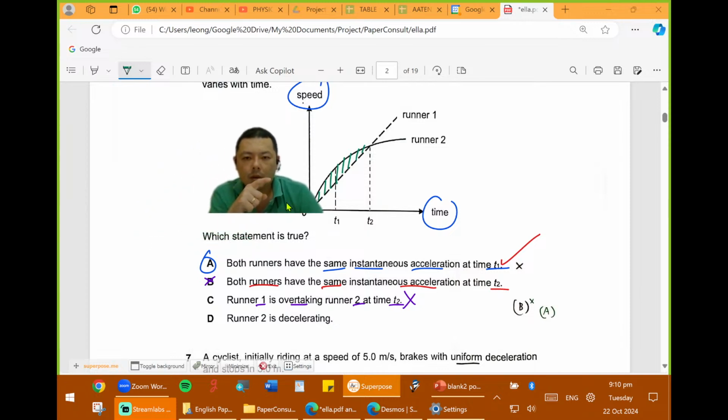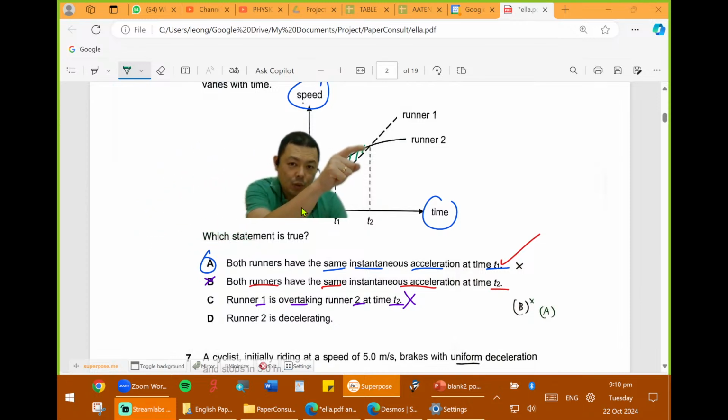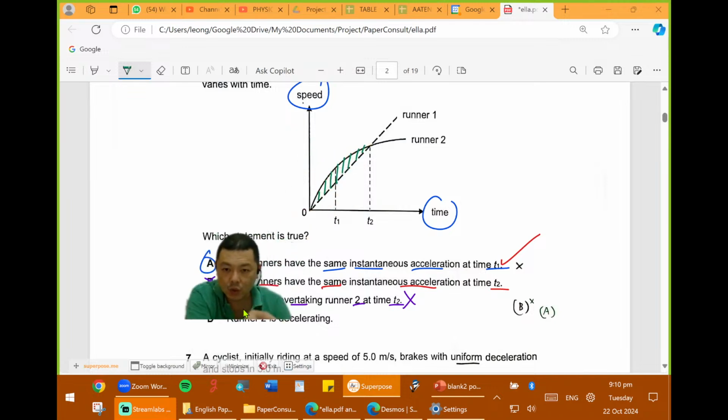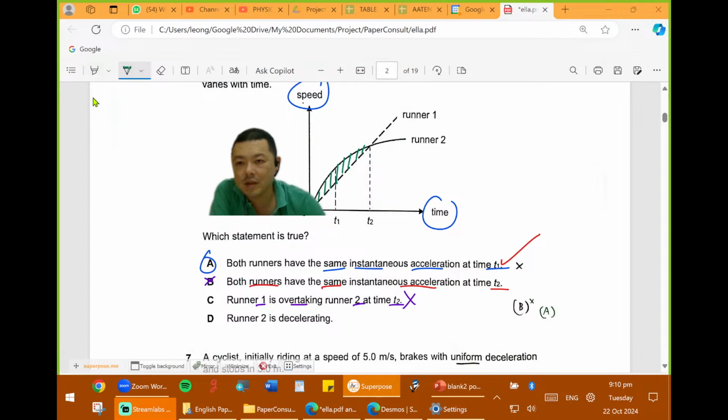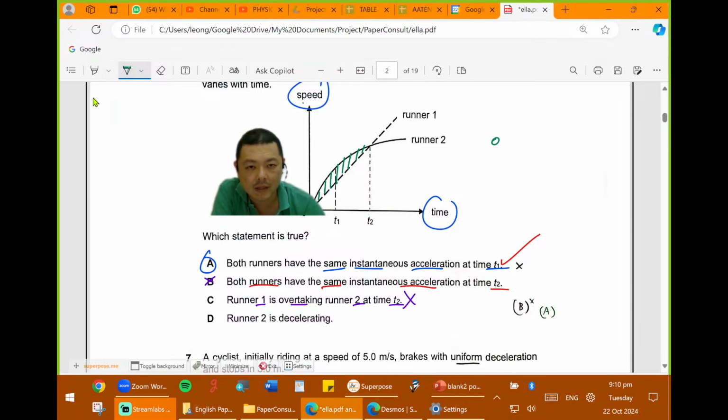But then at t2, it doesn't mean that runner 1 is overtaking runner 2, because by t2, runner 2 is already in front. If I were to draw for you, let's say they were starting from here. Let's say this is 1 and this is 2.